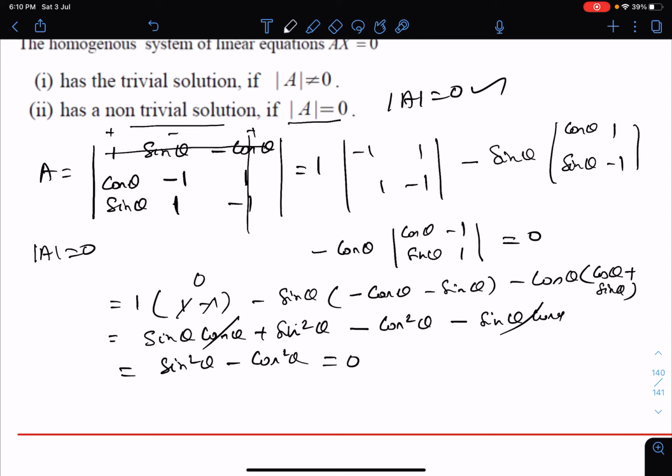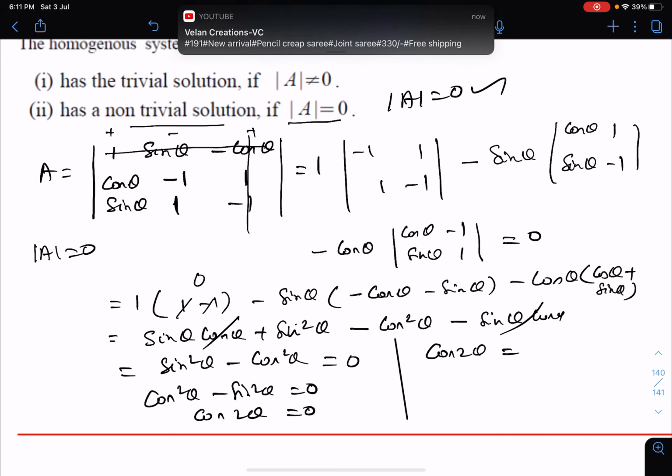Okay. So now interchanging the sign, you will get cos square theta minus sin square theta equal to 0. This is actually nothing but cos 2 theta, isn't it? So cos square theta minus sin square theta, you will get the formula as cos 2 theta equal to 0. So when will cos 2 theta be equal to 0?